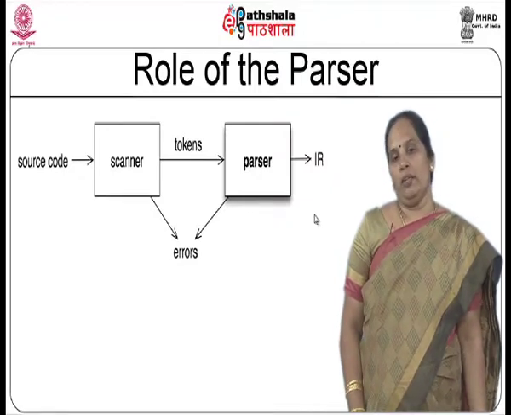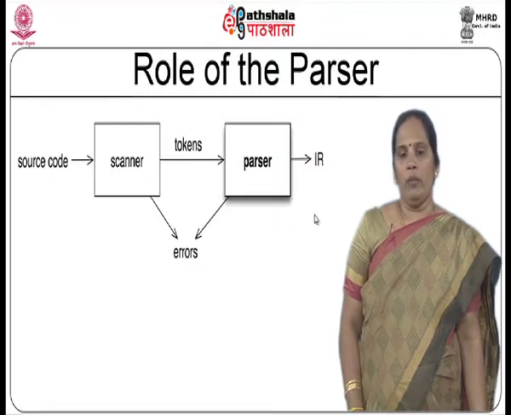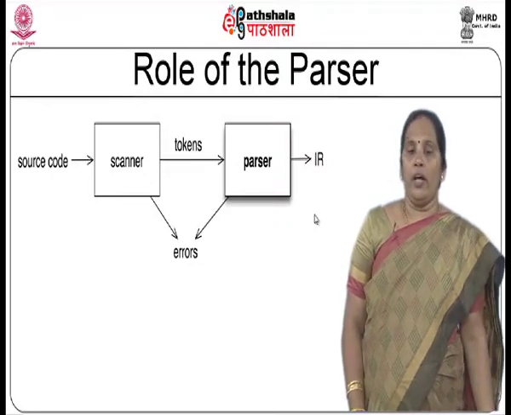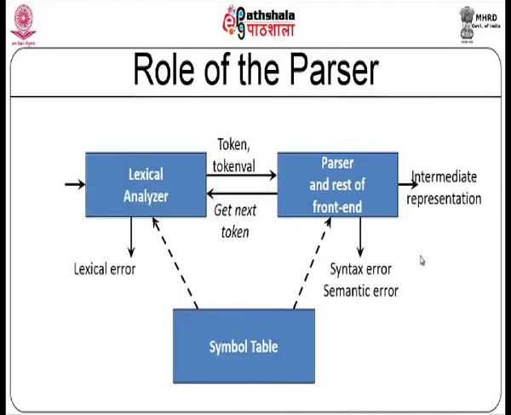Both phases of the compiler integrate with the symbol table. Remember, the symbol table gets created right in the first phase of the compiler itself. Whenever it encounters a particular statement, it populates the symbol table.